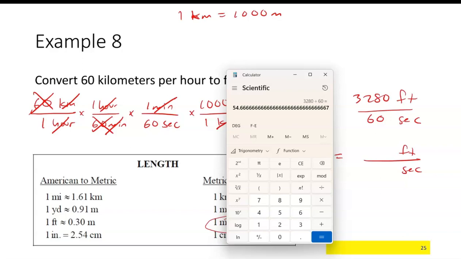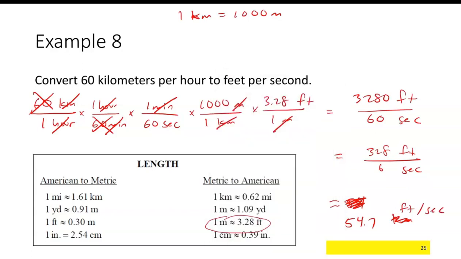I can write that as 328 over 6, but this is about 54.7 kilometers per second. Or not kilometers, boy, feet per second. So, a little messy at the end, but basically 328 divided by 6, that's 54.7 feet per second.